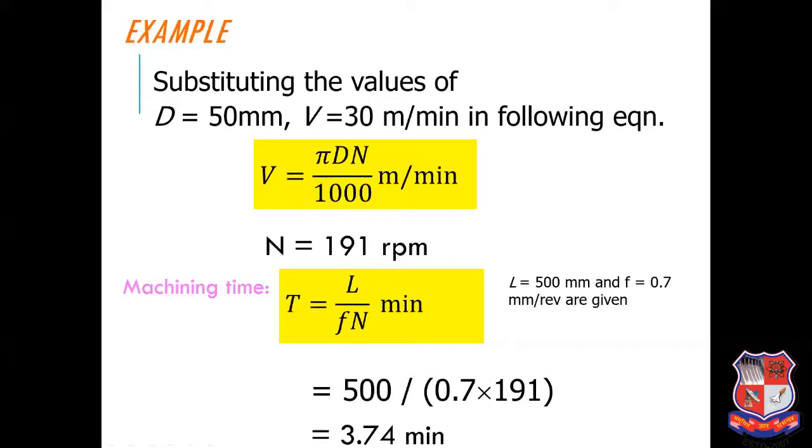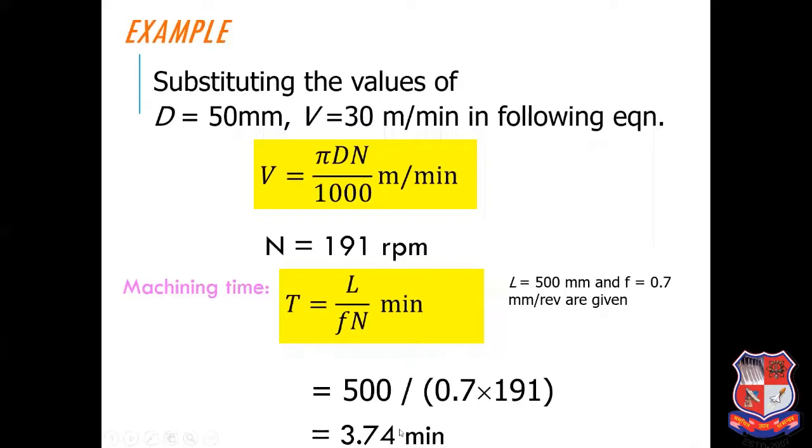But here in the turning operation, we are just neglecting the approach and over travel, because in the example it is also not given. Therefore L is the total tool travel or length of the job. Both are the same in the case of turning. But if we discuss the other operations, then we have to add approach and over travel.